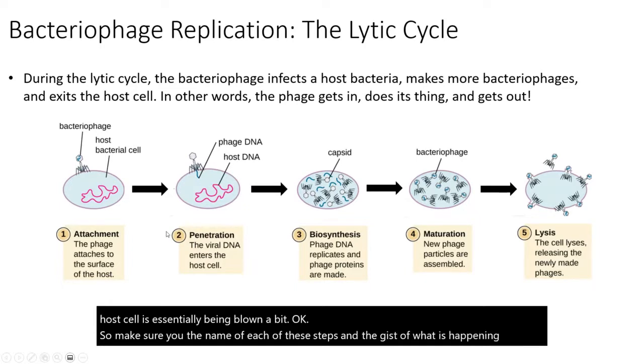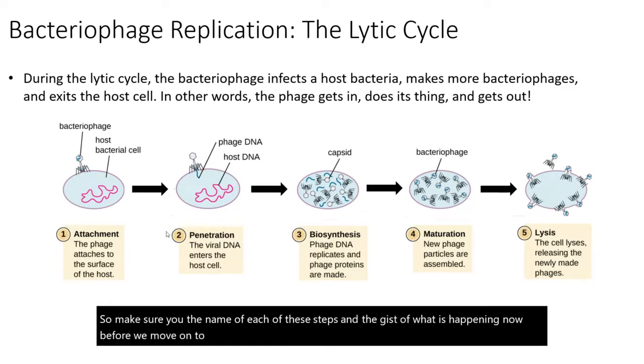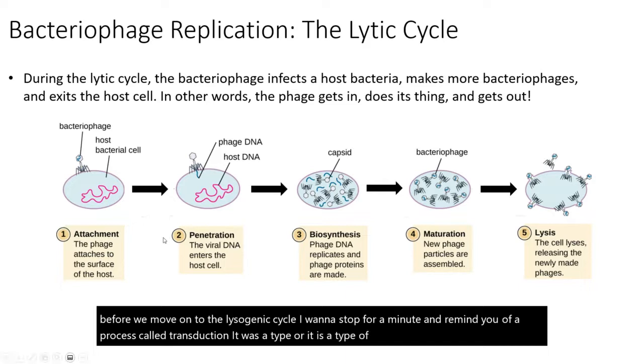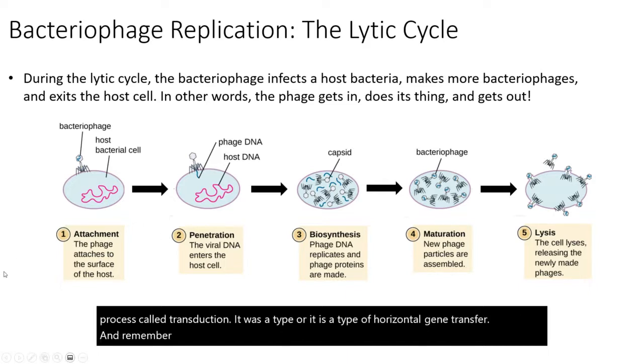Now, before we move on to the lysogenic cycle, I want to stop for a minute and remind you of a process called transduction. It is a type of horizontal gene transfer. Remember, horizontal gene transfer is how a bacteria might acquire DNA from a neighboring bacteria.